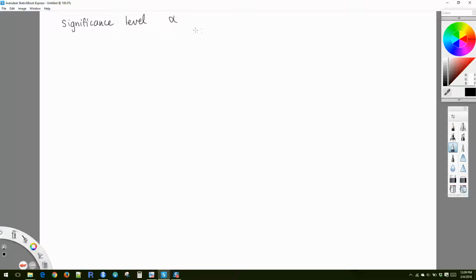Okay, yeah, so our decision to reject or not reject the null hypothesis depends on our significance level and how it compares to our p-value, okay?